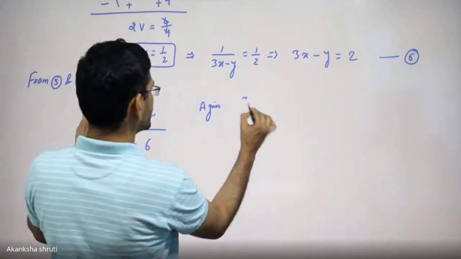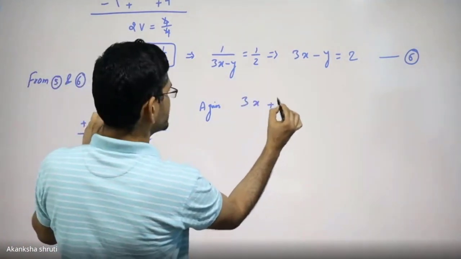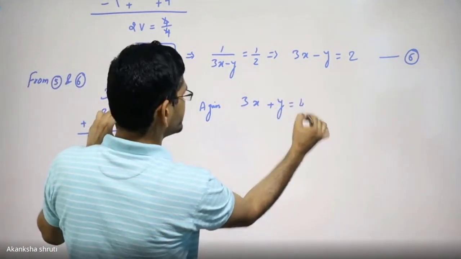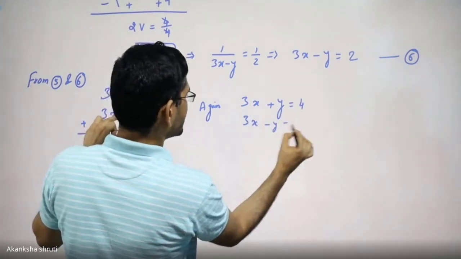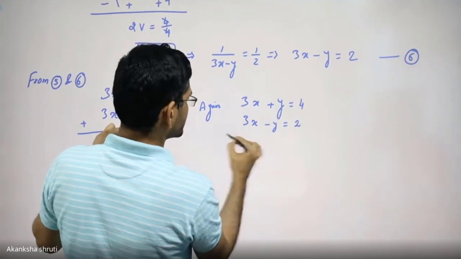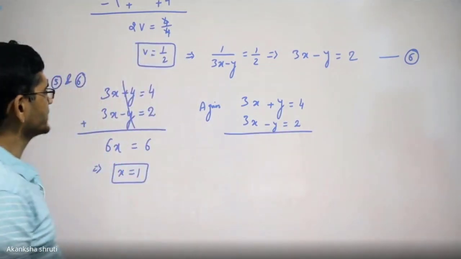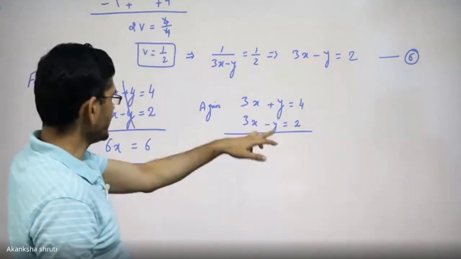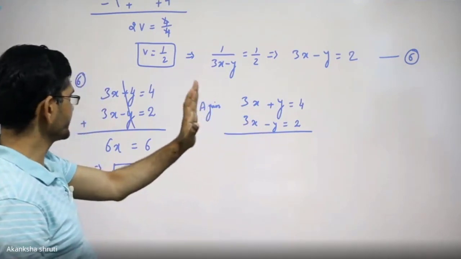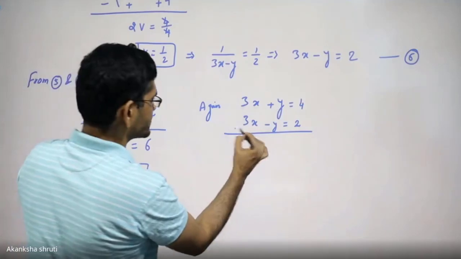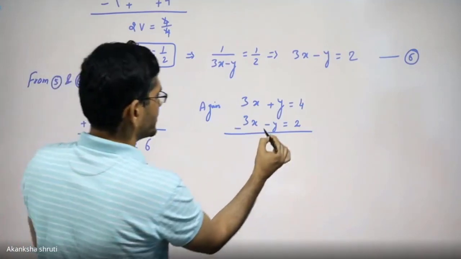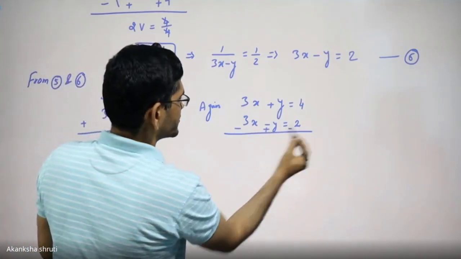So again, write these equations: 3x plus y is equal to 4 and 3x minus y is equal to 2. Students, here we need to cancel this x for calculating y. They have the same sign, so you need to go for the subtraction. It will turn into plus, it will turn into minus.